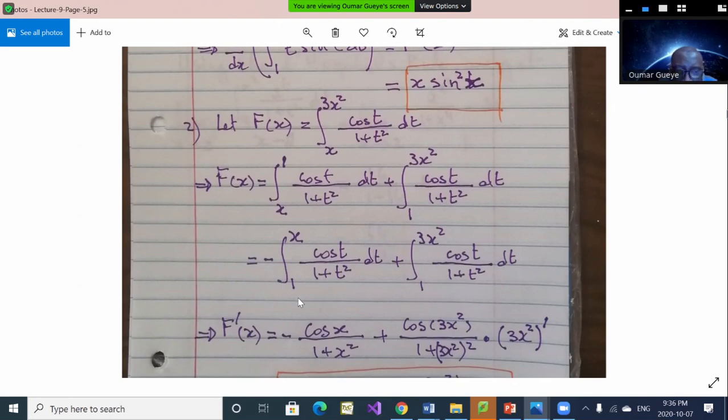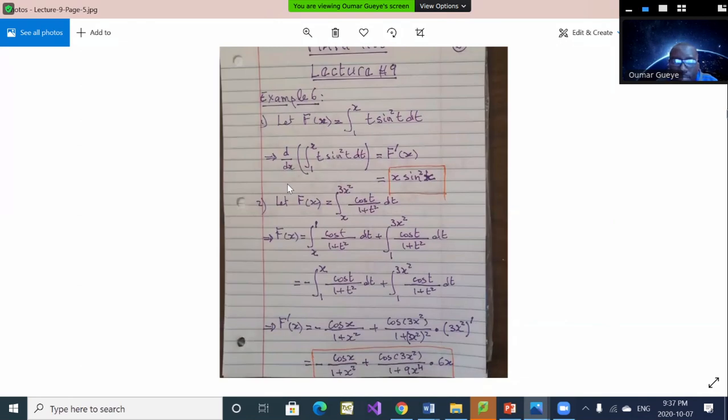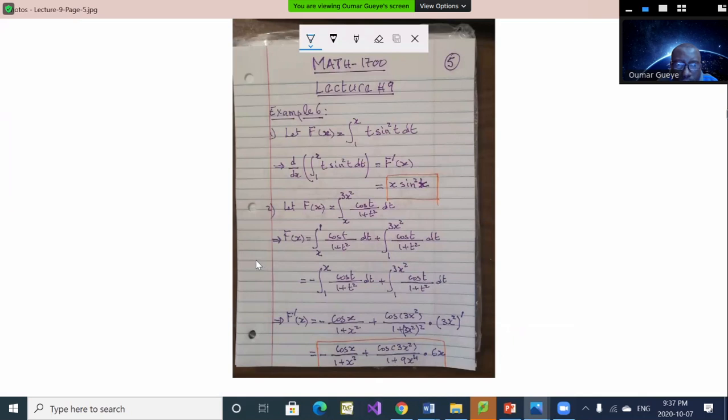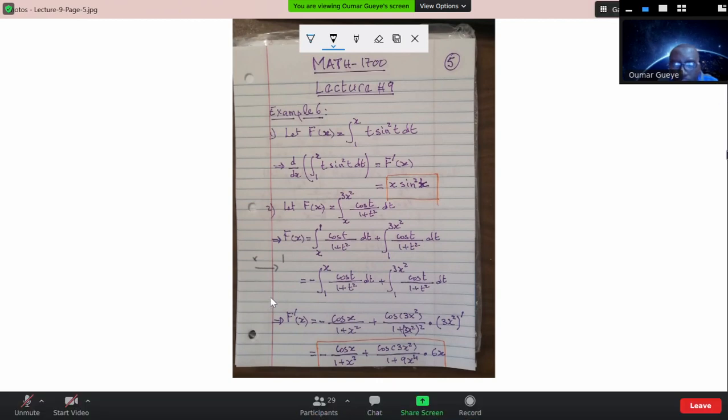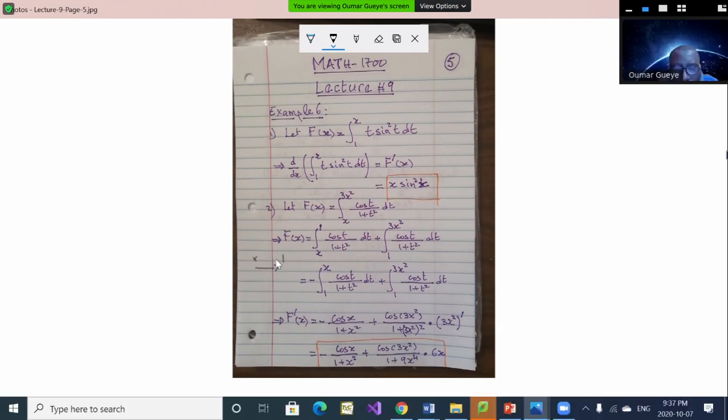And when you switch, we saw the property. Integral from X to 1 means you consider this integral, you're going this way, let's say from X to 1.